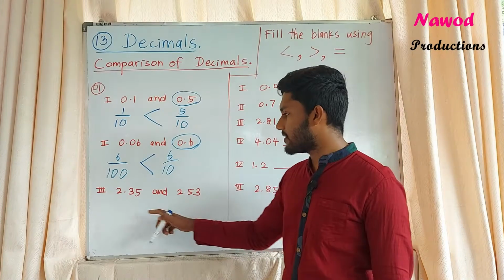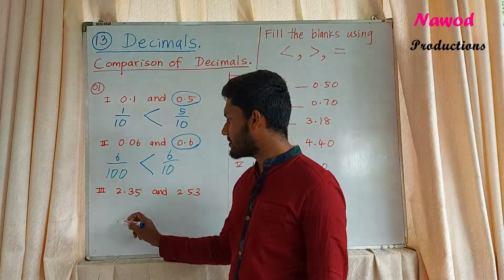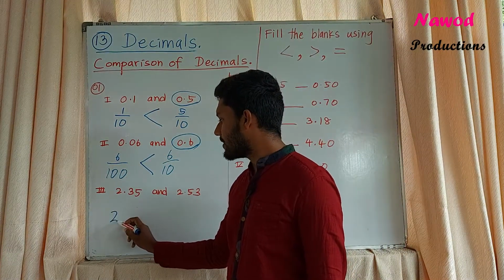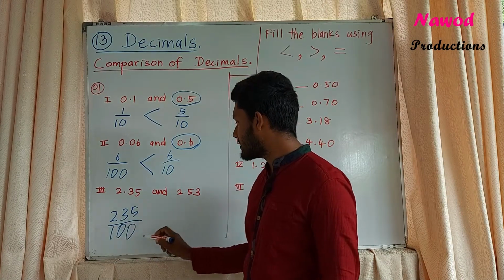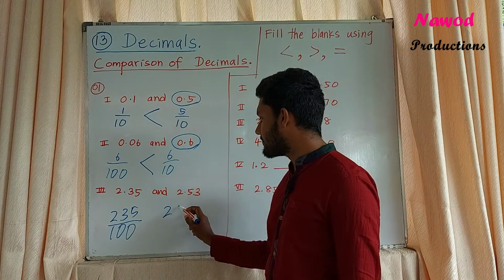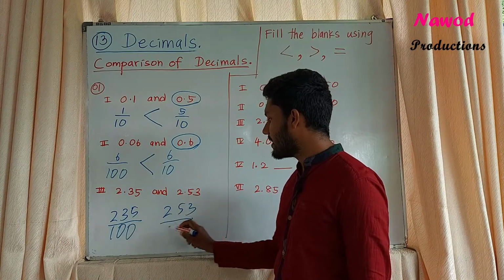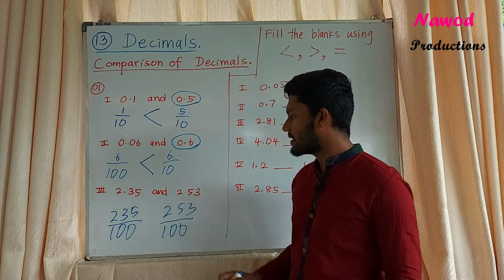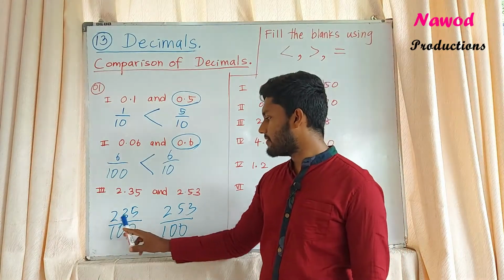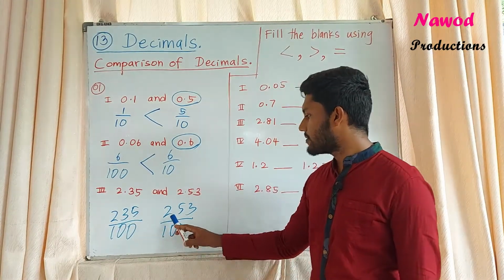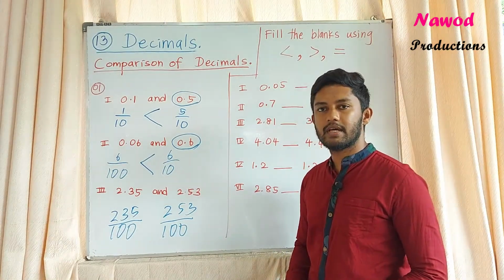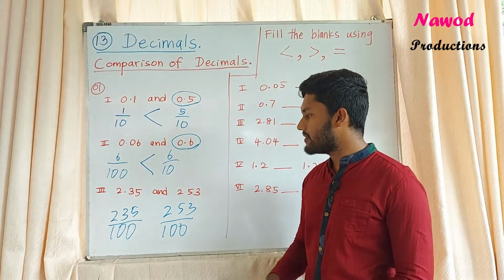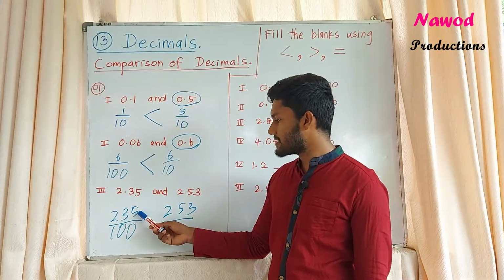Then here also 2.35, that means 235 divided by 100. Then here 253 divided by 100. Which instance do you get the bigger piece?